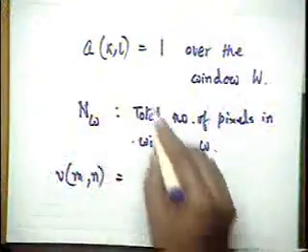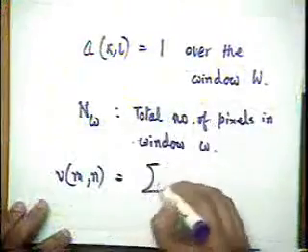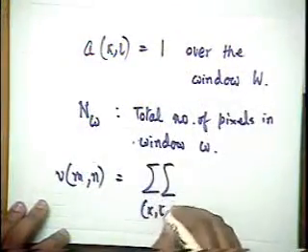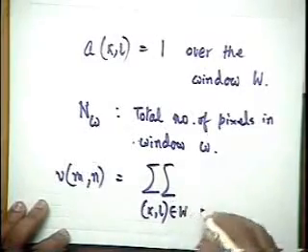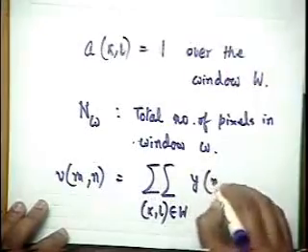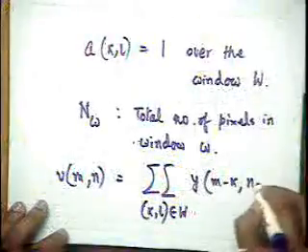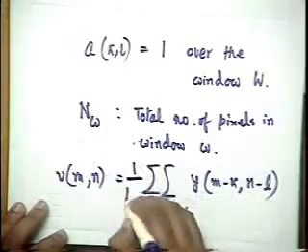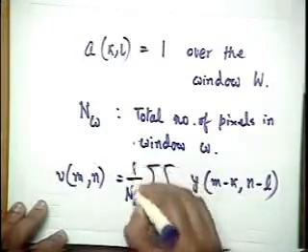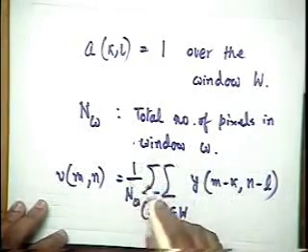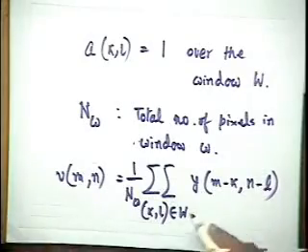In that case, I can simply write the sum over (k,l) belonging to the zone W of y(m minus k, n minus l), and this entire thing I multiply by 1 upon N_W. If I do this operation, what am I doing?